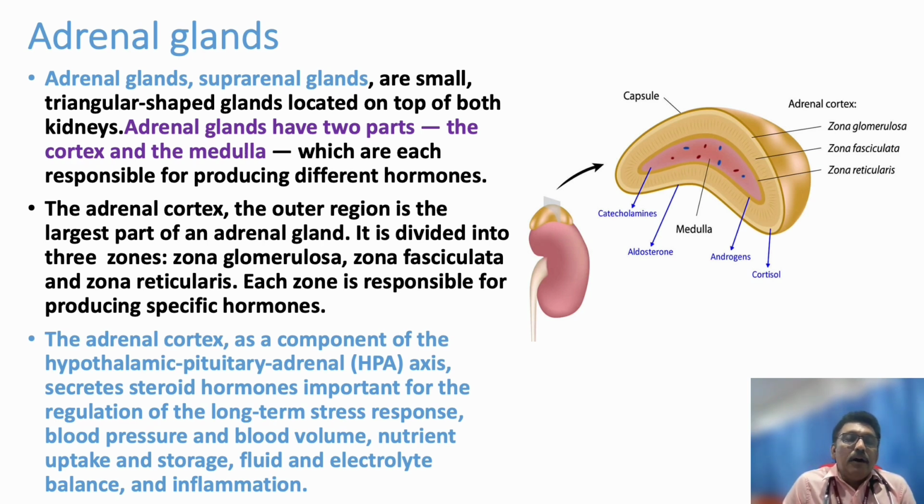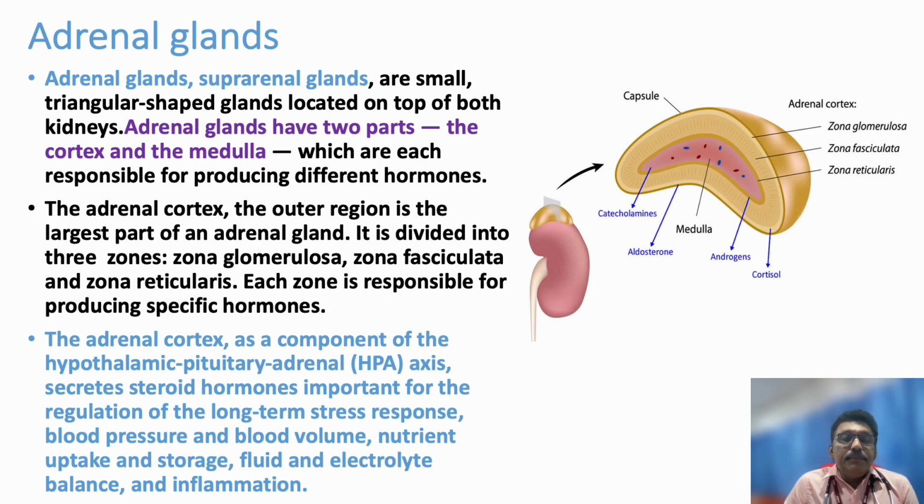The adrenal cortex, the outer region, is the largest part of the adrenal gland. It is divided into three different zones: zona glomerulosa, zona fasciculata, zona reticularis. So you can remember it as GFR. Each zone is responsible for producing various types of hormones.